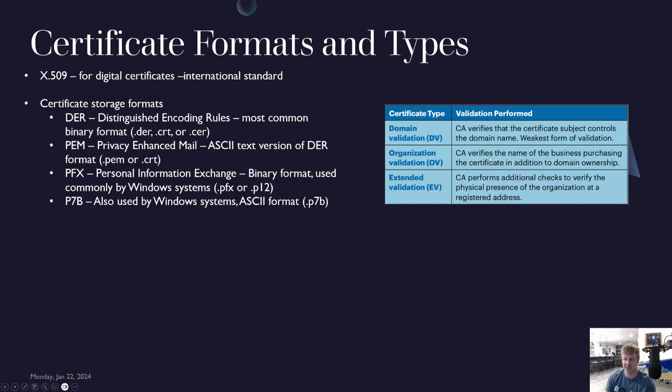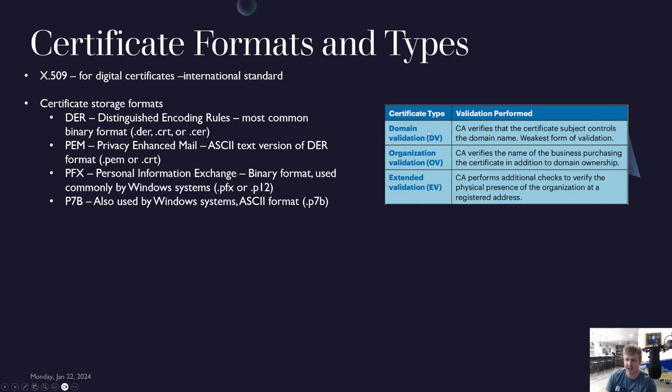Organization validation actually verifies the name of the business purchasing that certificate in addition to the domain. And then extended validation, they actually verify that that organization physically exists at a registered address. So you have somebody that actually goes in and does an inspection at the organization to verify that they are who they say they are, and that it's not somebody sitting in their basement trying to scam people.